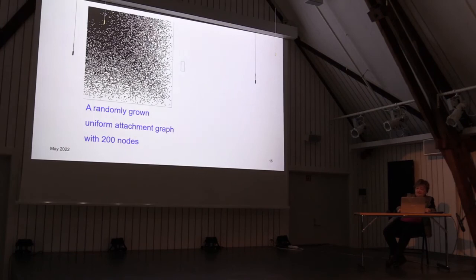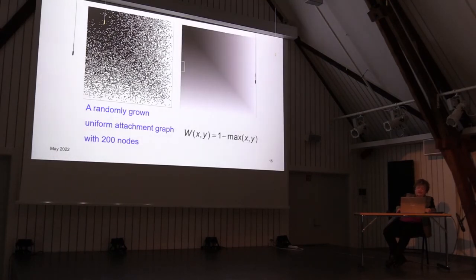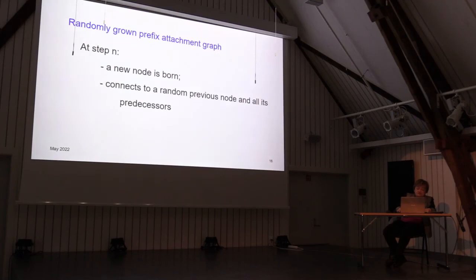And this will tend to something like that. One can compute that the graphon where this randomly grown uniform attachment graph goes to is 1 minus max(x,y). The proof goes by computing cut distance. So this means that this combinatorial notion can be used for convergence business.